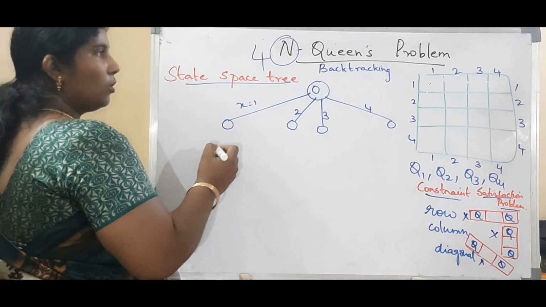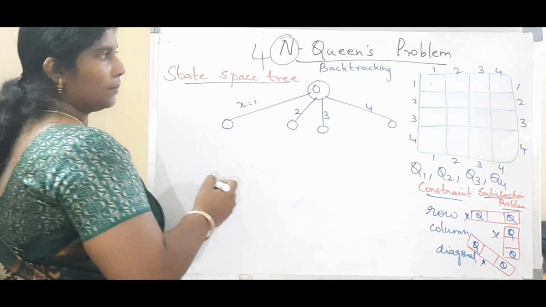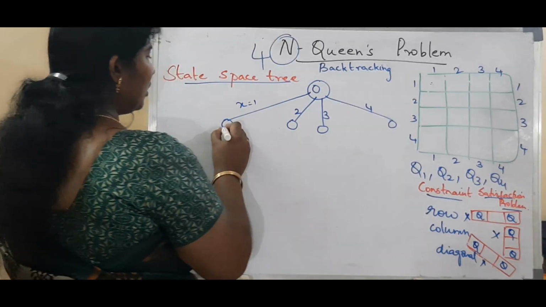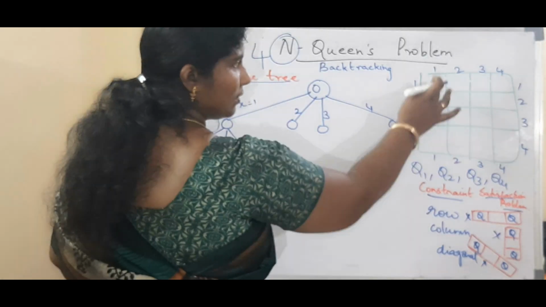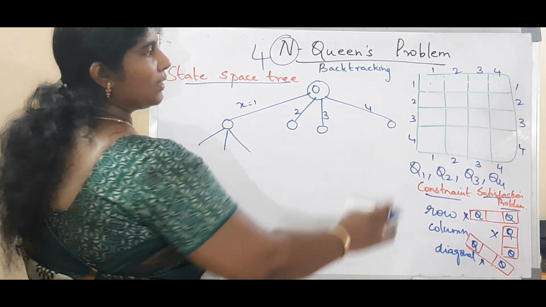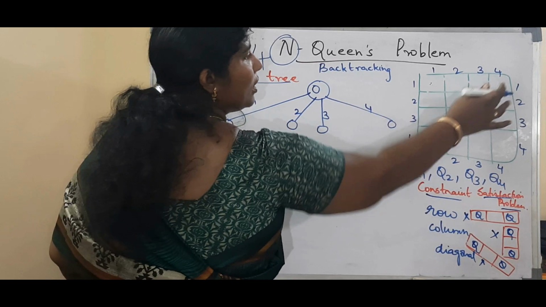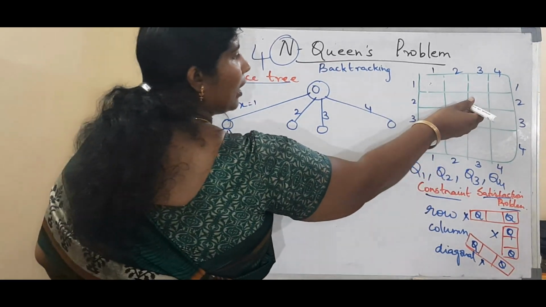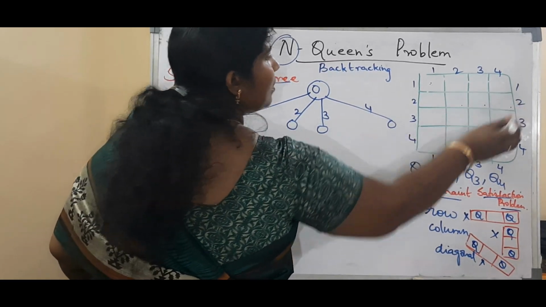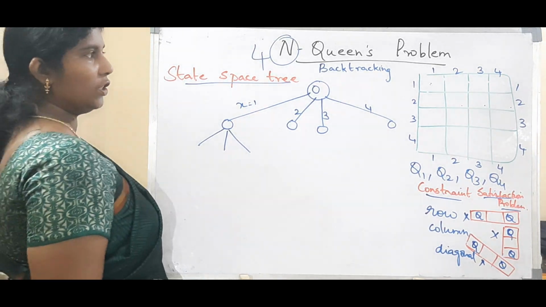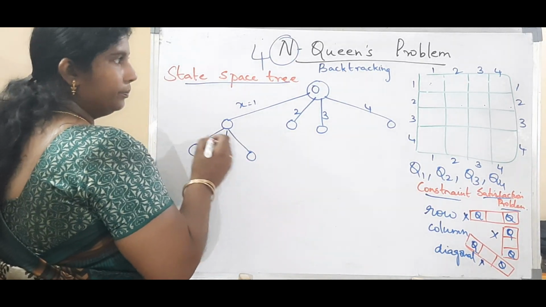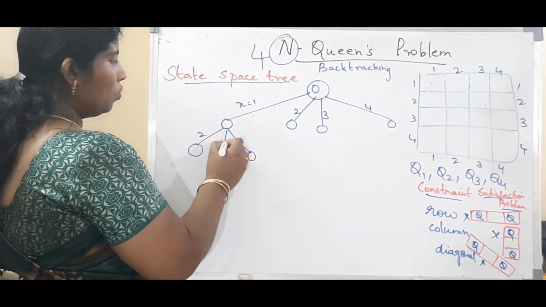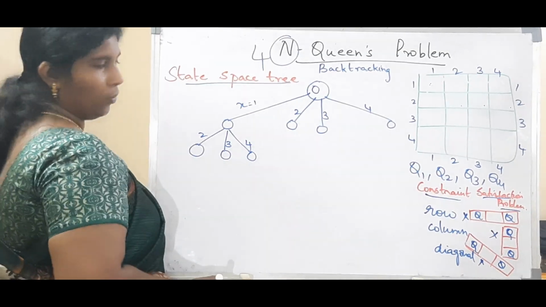I cannot place the next queen, Q2, in the same column or in the same row. So the other options are placing my queen on node 2, 3 or 4.